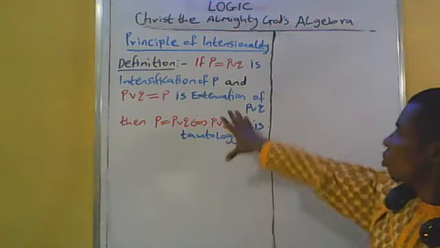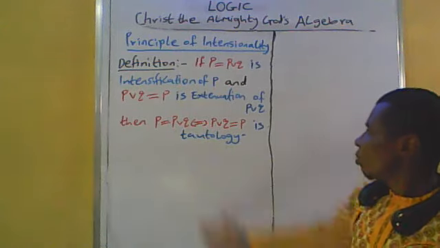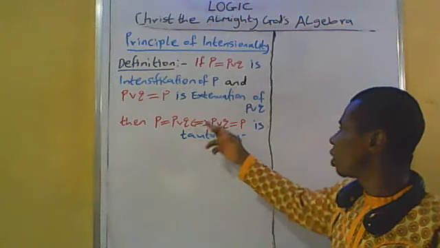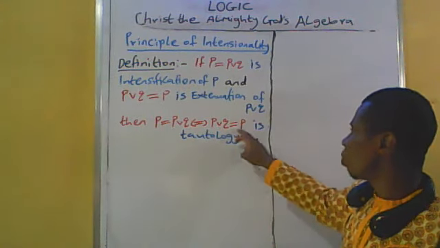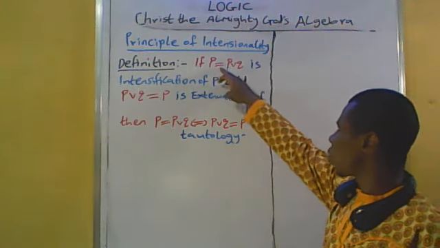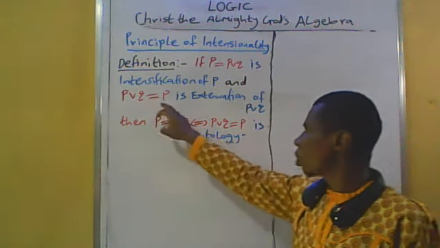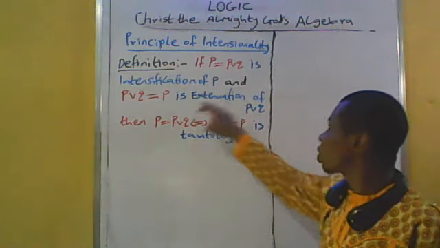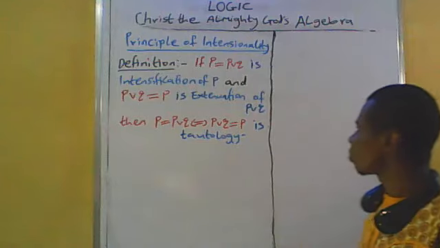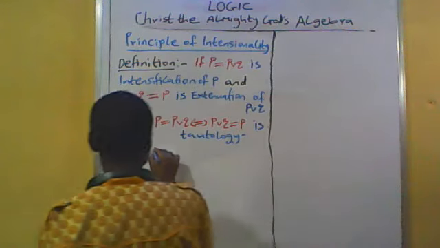We are going to prove this definition from P equal to P or Q if and only if P or Q is equal to P tautology. From there, we then prove that P equal to P or Q is intensification of P, and P or Q equal to P is extension of P or Q. So I'm going to prove it.